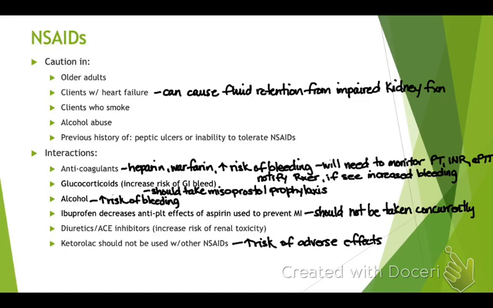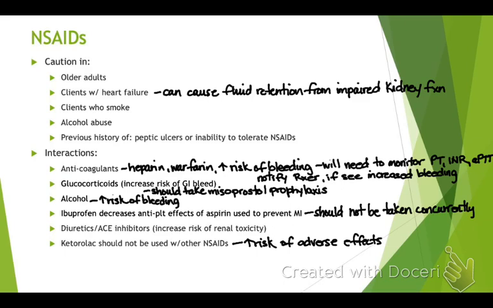Ibuprofen does decrease the anti-platelet effects of aspirin used to prevent the MI. So they should not be taken concurrently. And those patients that are taking diuretics or ACE inhibitors have an increased risk of renal toxicity. So that's an interaction that you also want to take into effect.